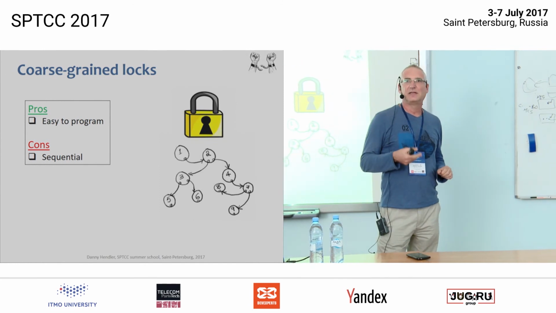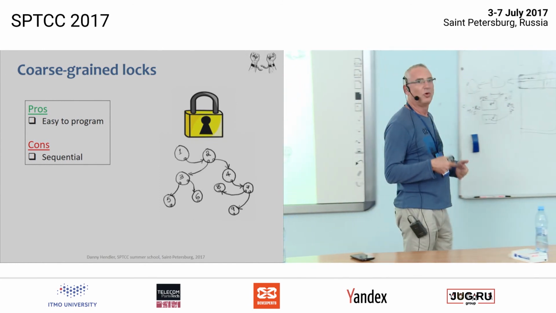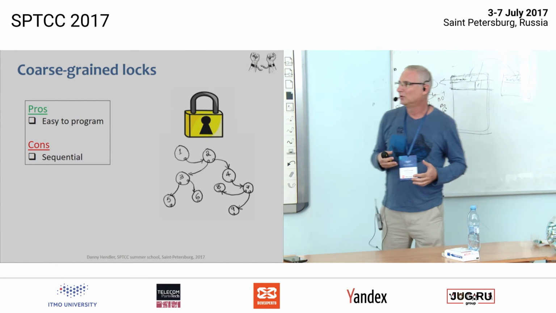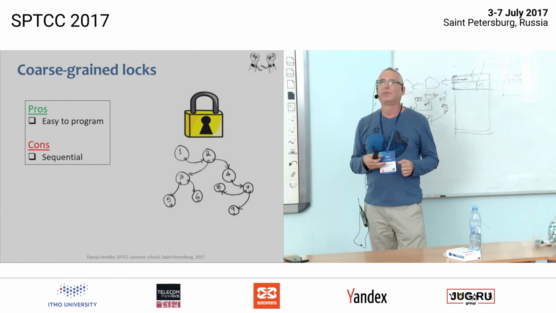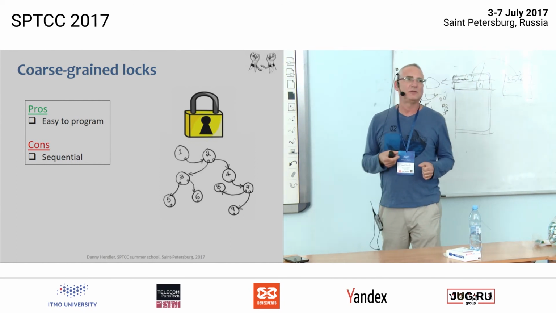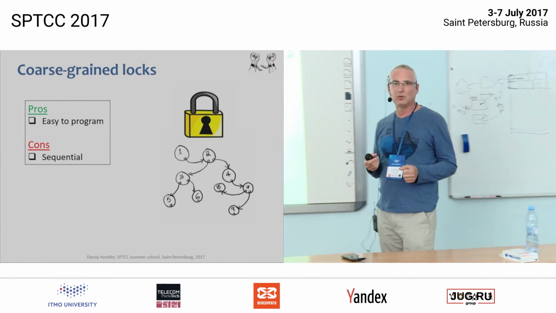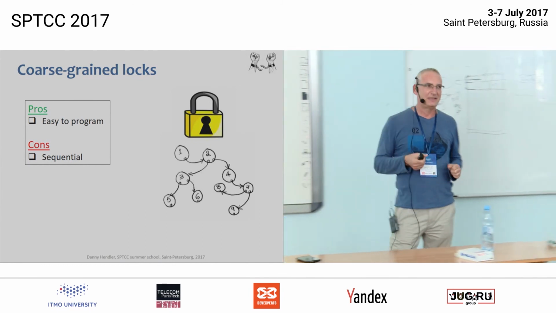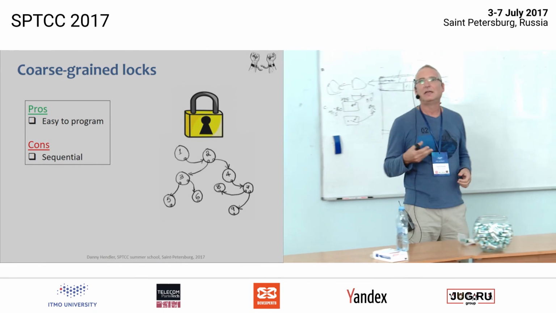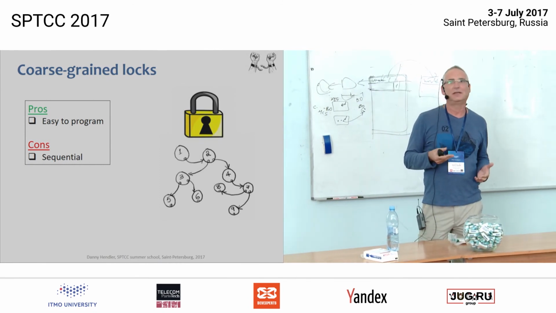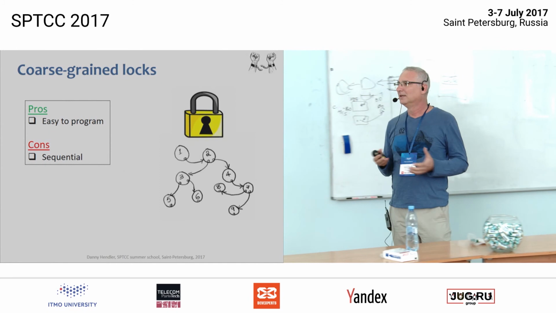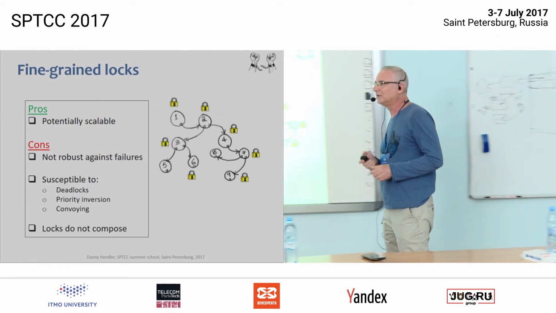The advantages are clear. It's very easy to program such code when you protect it with a single lock. It's very easy to prove that the algorithm is correct because it's essentially sequential. But this is also the disadvantage. If it is sequential, then it will not scale. There's no concurrency, no real parallelism here. So this is the problem with coarse-grained locks.